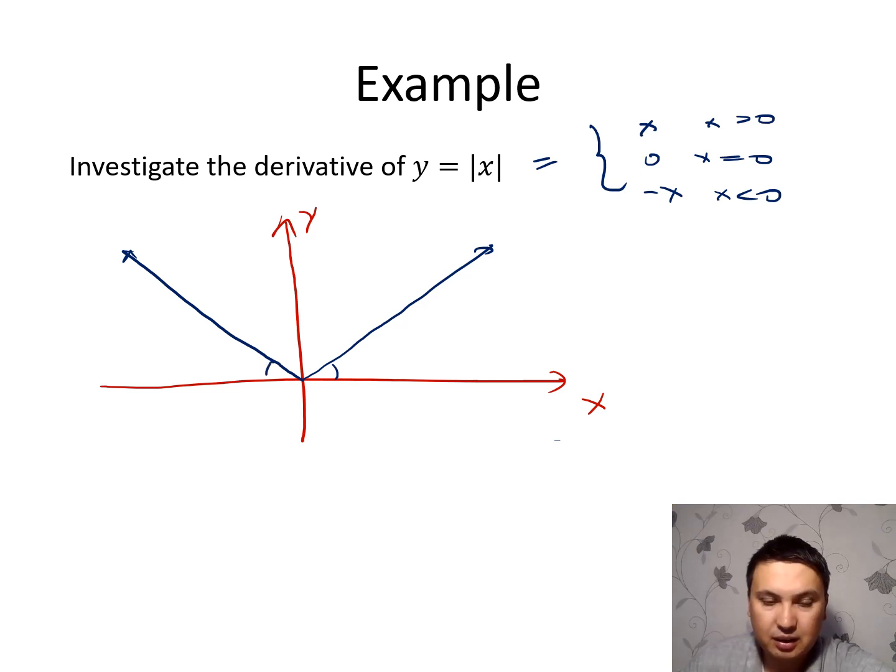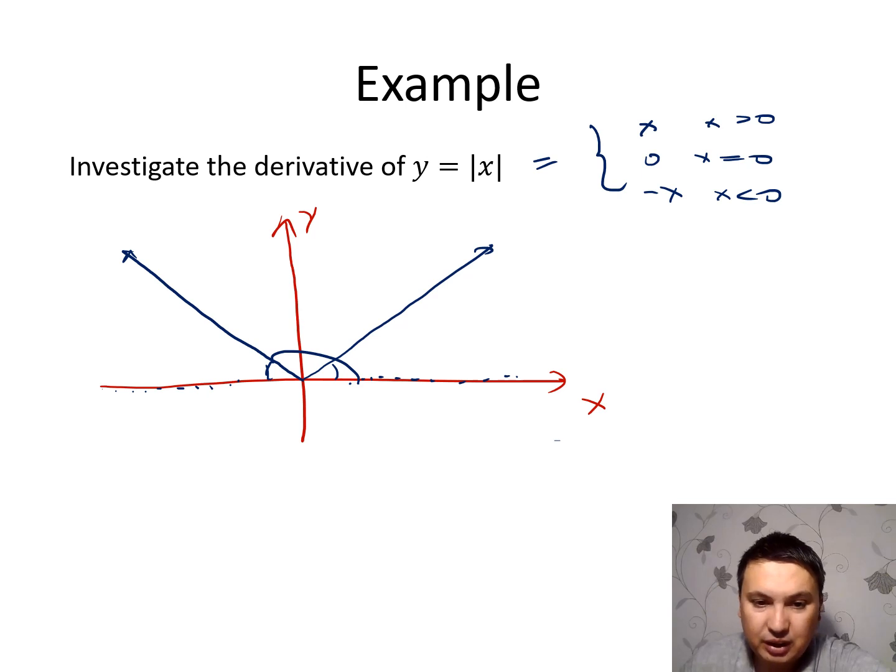Here it's again 45 degrees because we found the slope is minus 1. And why 45? Because tangent of 45 is 1. Anyway, so we found that at these points the slope is 1, and at these points the slope is minus 1. However, at the origin it doesn't exist.